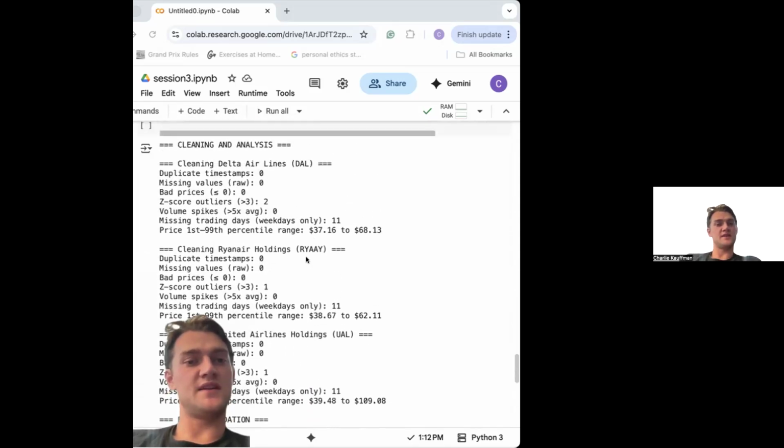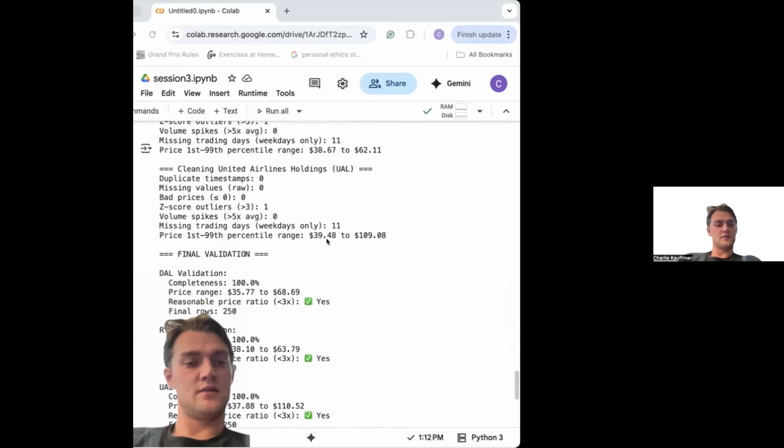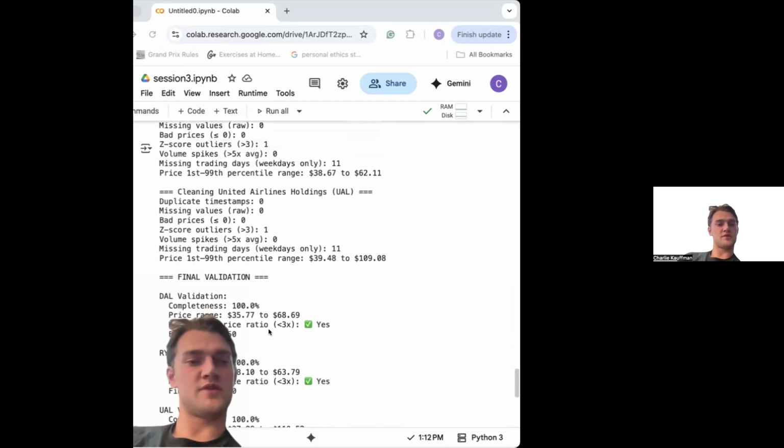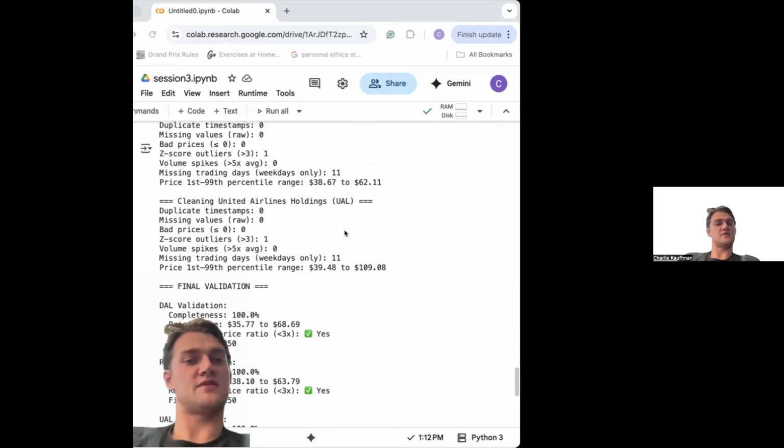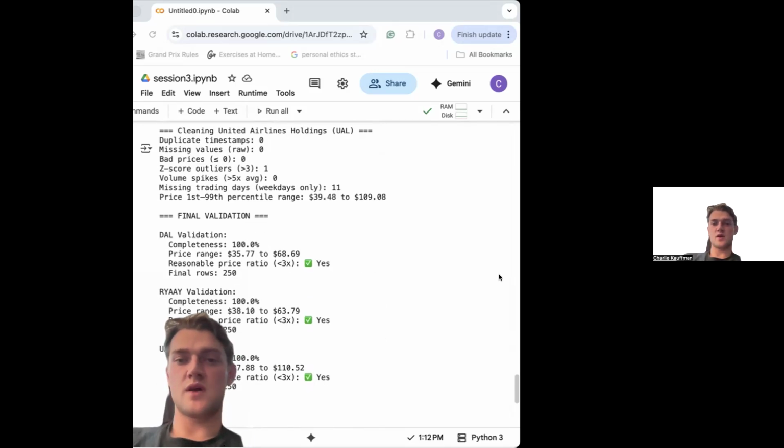But then once we cleaned the data, it gave us tighter and less noisy ranges, 37.16 to 68.13. And you can see, like I was going over before but doing the opposite, they're all tighter up here after cleaning the data than down here, which is smoother and more realistic for price range.